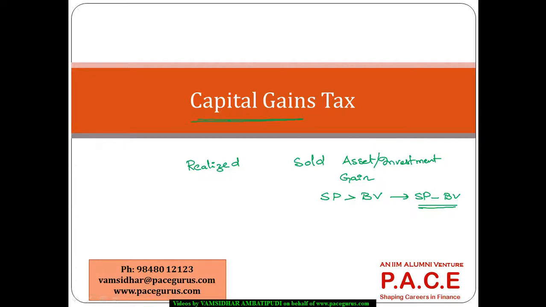Now again, just like in the case of income tax, there are a few assets and a few companies that are completely free of capital gains tax. So we really need to understand which of those kinds of assets are exempted from capital gains tax and do the computation accordingly.